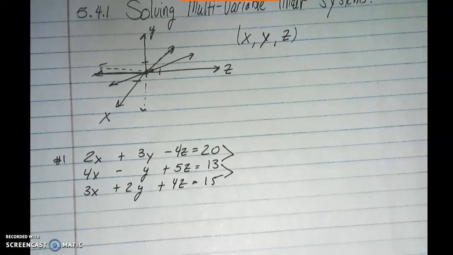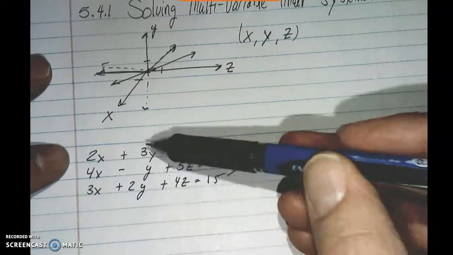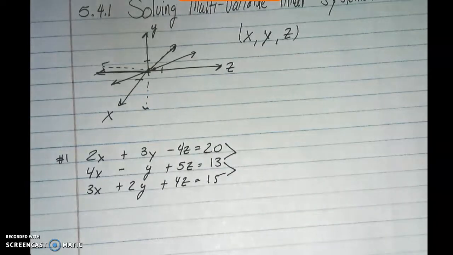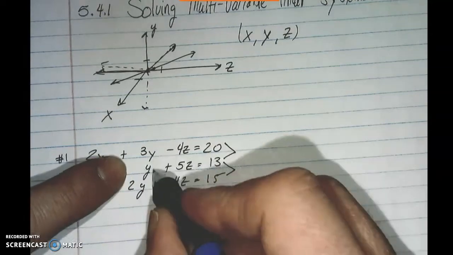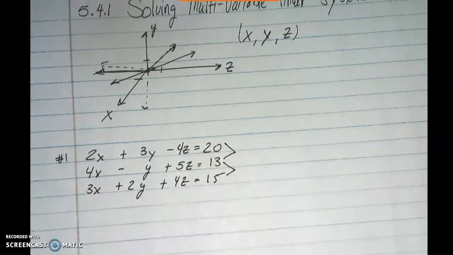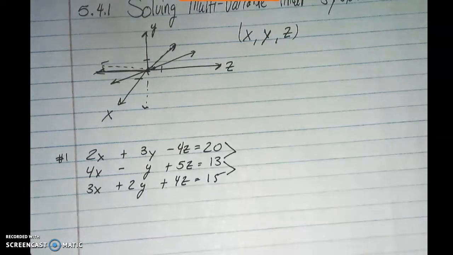So let's just make it easy for ourselves. Do you want to get rid of the x, y, or z? We can get rid of the z, but it's going to be lots of math. Y, I would go with the y. Do you want me to tell you why? Because there's one right here, right? And I can use that to get rid of it. Remember how we did that scalar multiplication to get rid of one of the variables? We're going to be doing the same thing with these two here, okay?